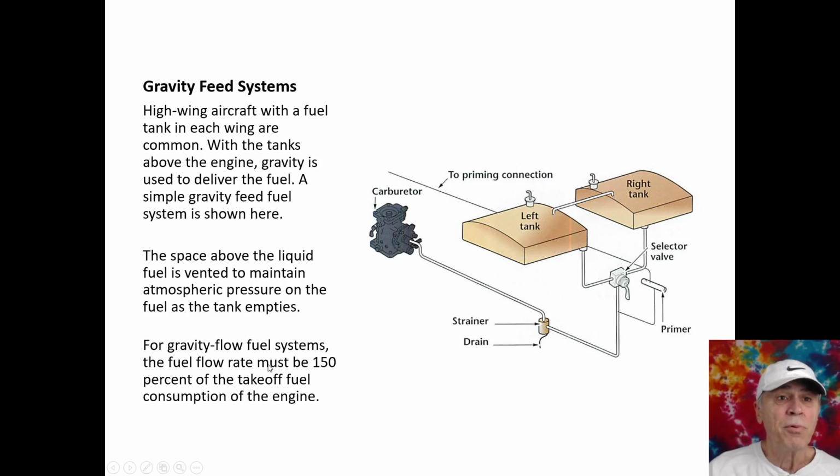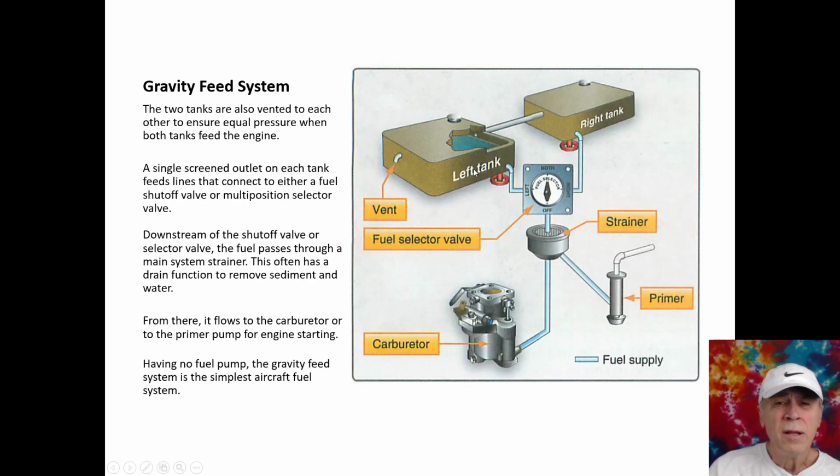So 150% of what is the takeoff requirements of the aircraft engine. The two tanks are vented to each other so that there's no change of pressure between the two.